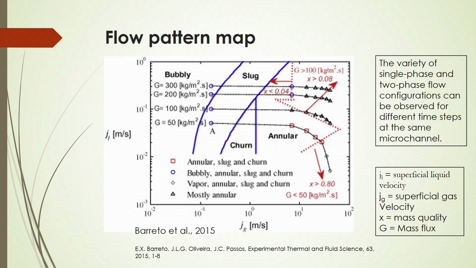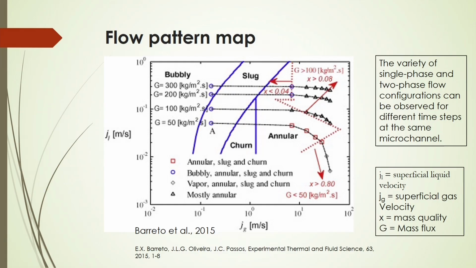If you increase the gas flow rate by keeping the liquid velocity constant, you may have flow patterns from bubbly to slug, or slug to churn, or churn to annular flow. In the opposite way, if you increase the superficial liquid velocity by keeping the gas velocity constant, you can have churn turbulent flow to slug flow, even to bubbly flow, and even from annular flow.